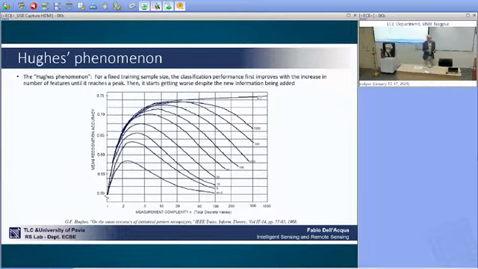Because it's not intuitive, because you're adding information, right? You're giving one more bit of information, which agrees with previous ones, and which should describe better the object that you're looking at. But the classifier gets confused and it starts making mistakes.